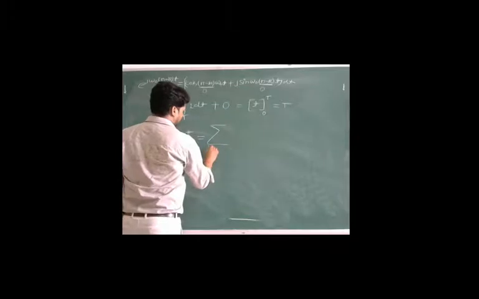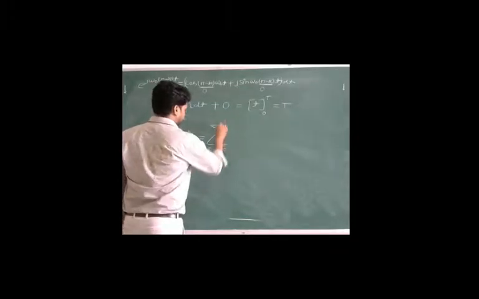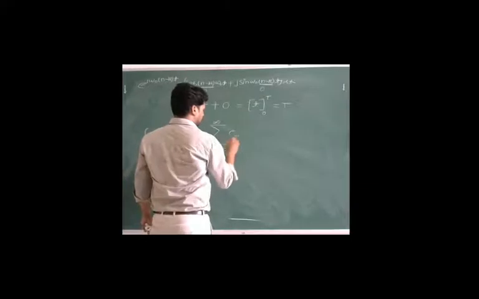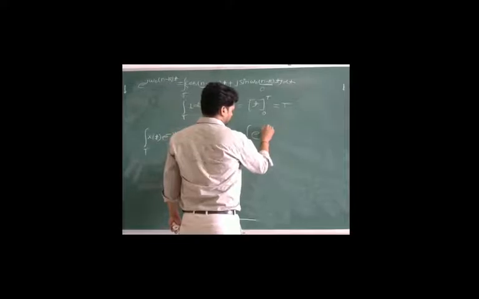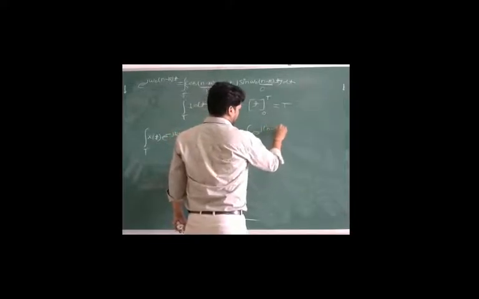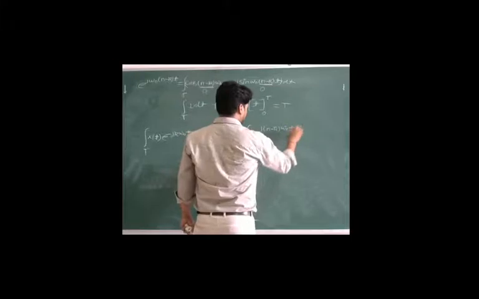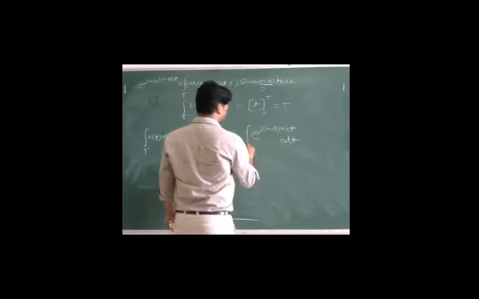Previously the written expression was integration of x(t) e^(-j k omega naught t) over one time period equal to sigma n from minus infinity to plus infinity of C_n integration of e^(j (n minus k) omega naught t) dt over one time period.